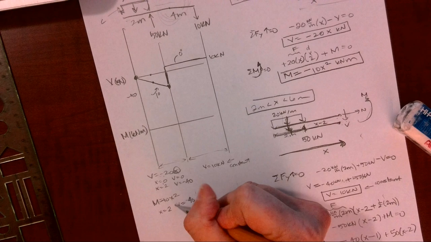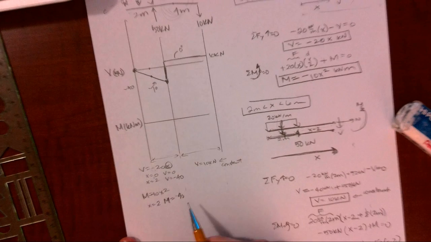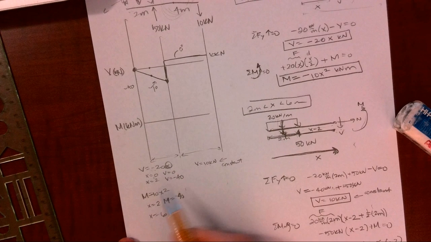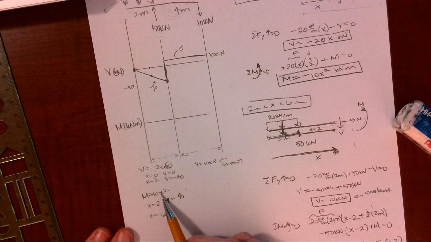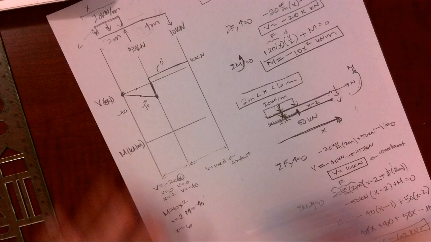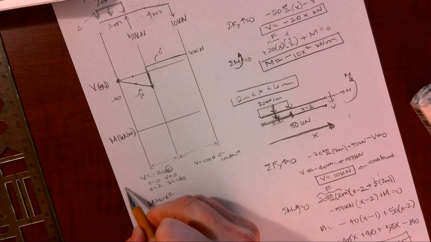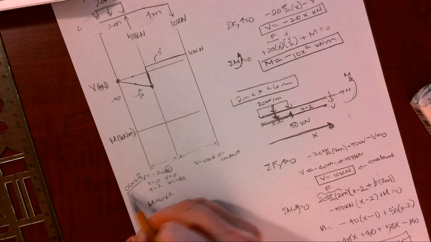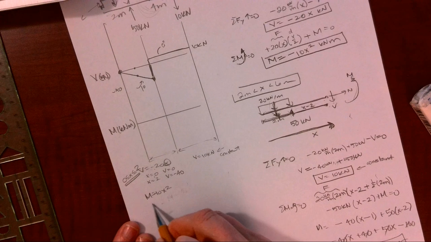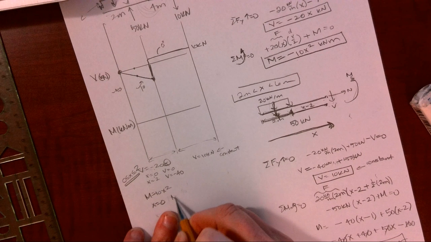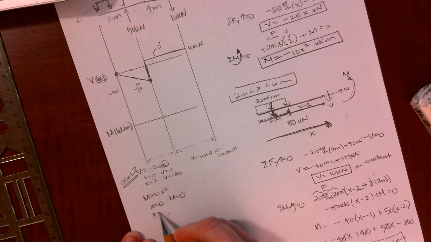Okay, let me just restart this whole thing. We are going from 0 to 2. When x equals 0, my moment equals 0. When x equals 2, my moment equals negative 40.